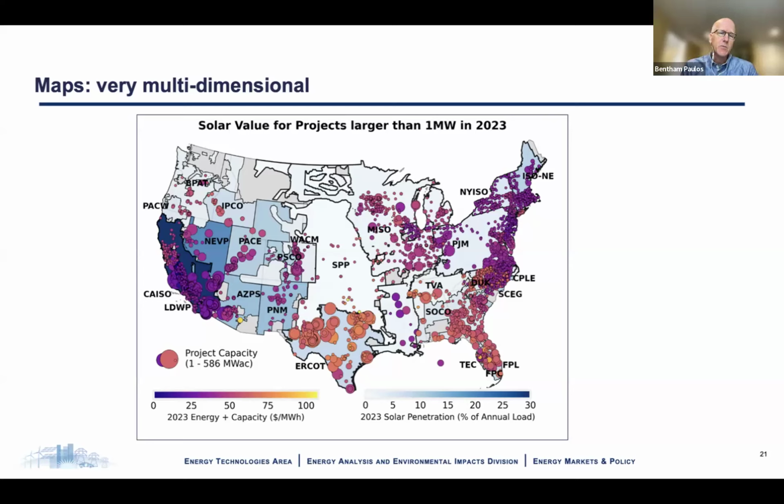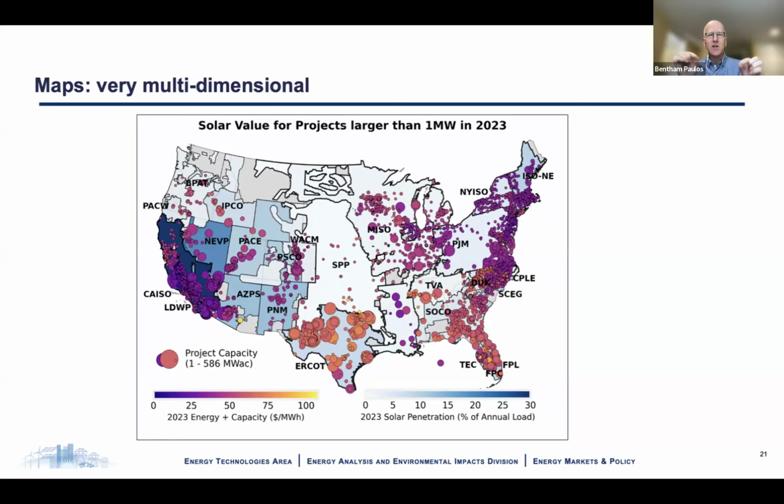You can see that in places with the highest penetration, like California, which is dark blue in the base, you also get dark purple in the value. So the value declines when you have higher penetration levels. So that's the story of this one. That the color of the base is correlated with the color of the dots.